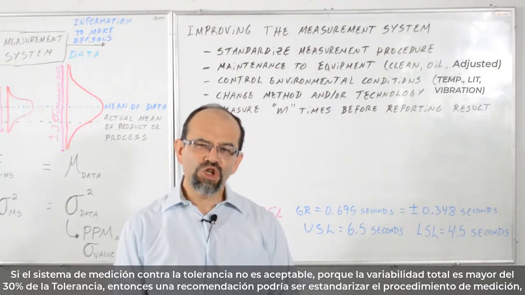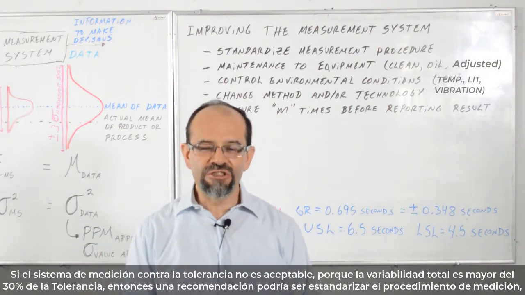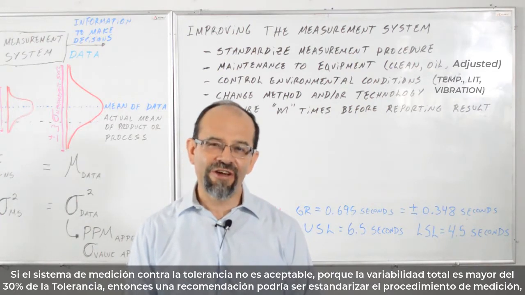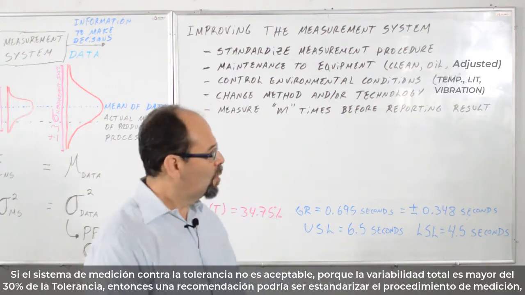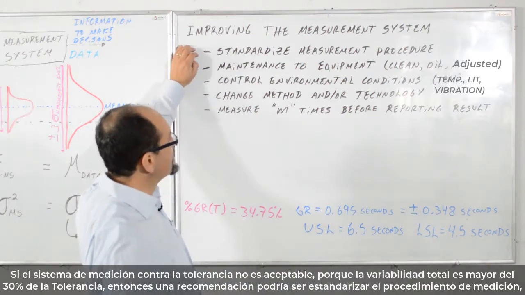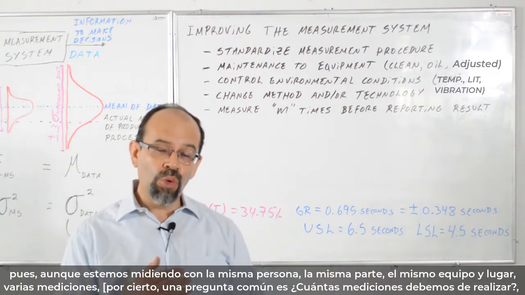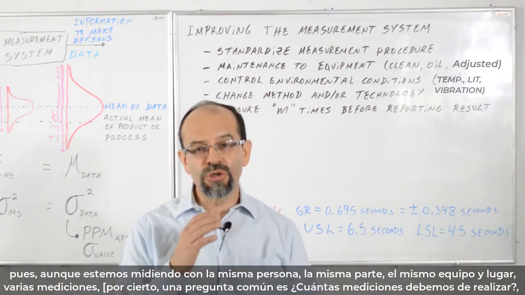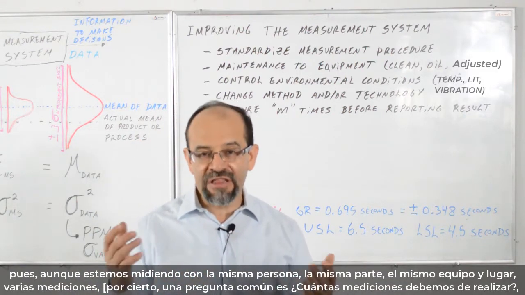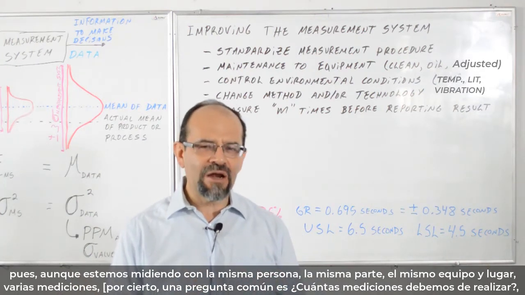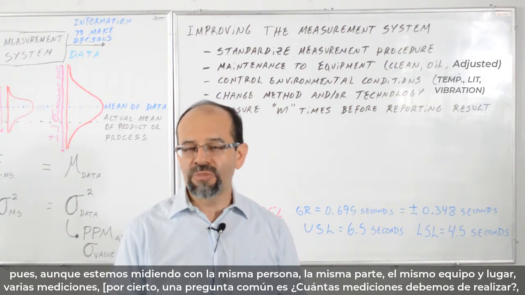If the measurement system against tolerance is not acceptable because the total variability is greater than 30%, one recommendation can be to standardize the measurement procedure. So although we are using the same person, the same part, the same equipment, the same place, and several measurements, by the way, a typical question is how many measurements should we do?